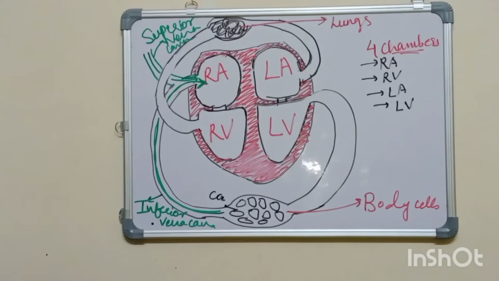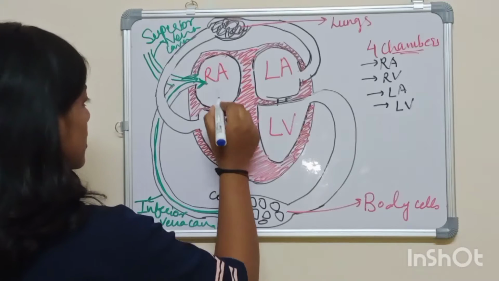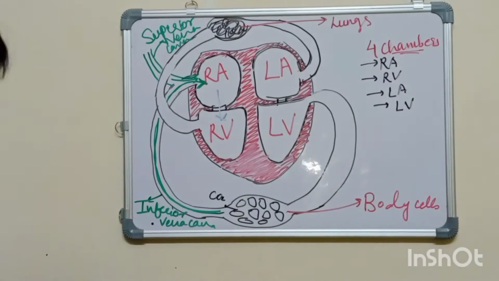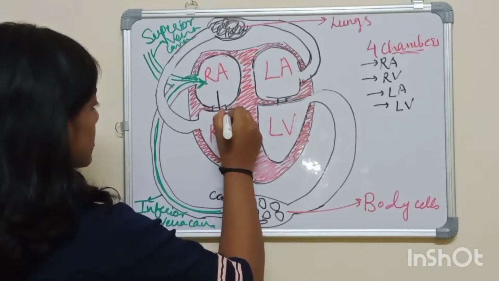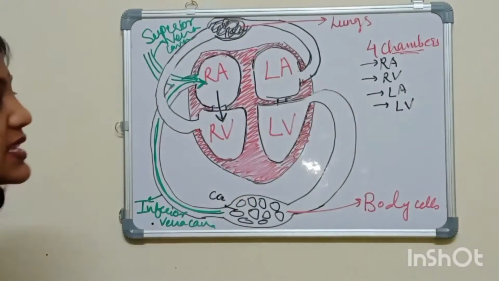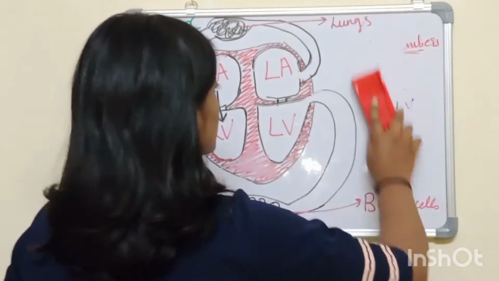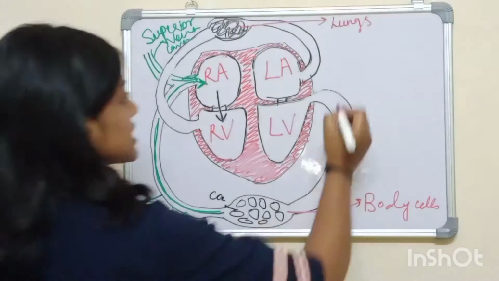Now the deoxygenated blood goes into the right ventricle. Okay, now between right auricle and right ventricle there is a valve known as the tricuspid valve.